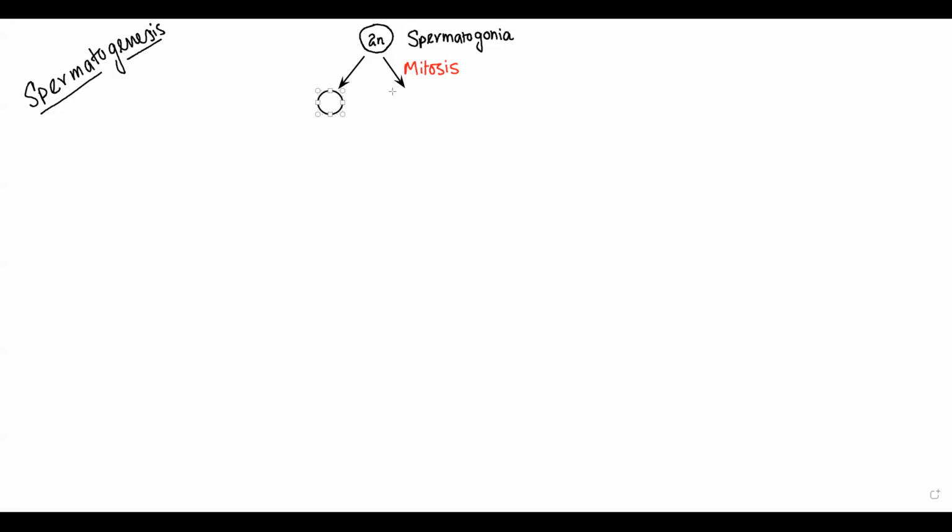So by mitosis, it increases its number. Here you can see, because of mitosis, there is no change in the chromosome number.